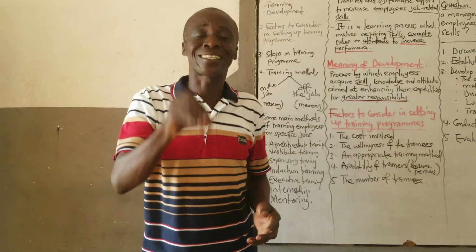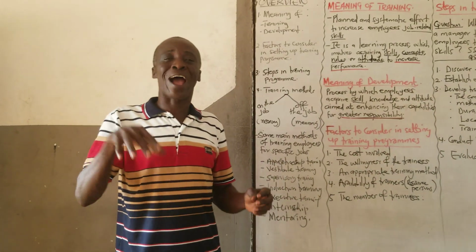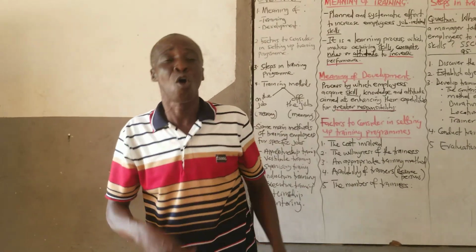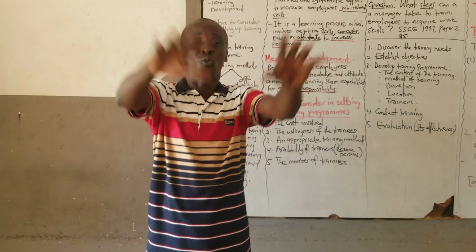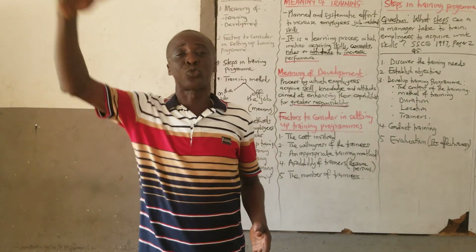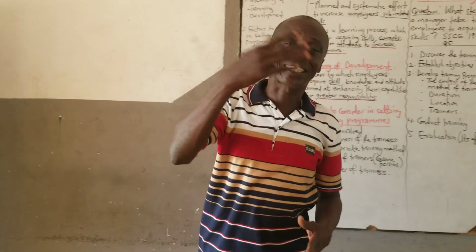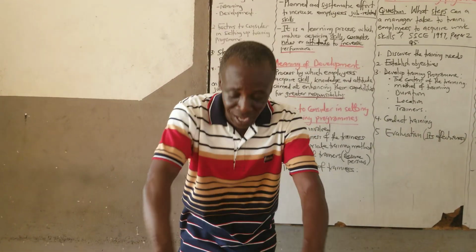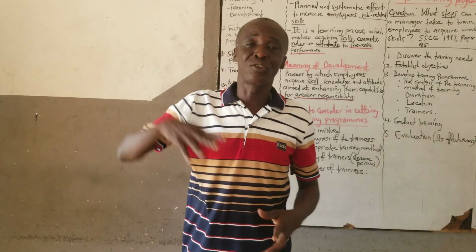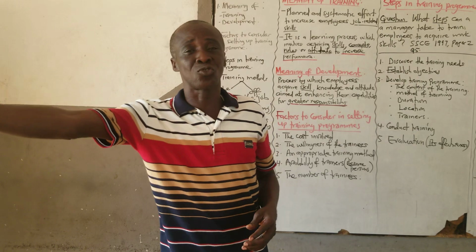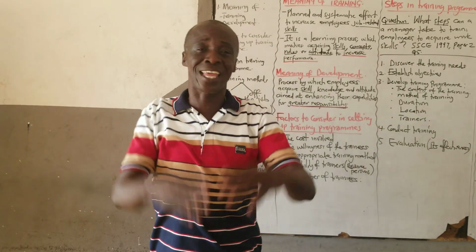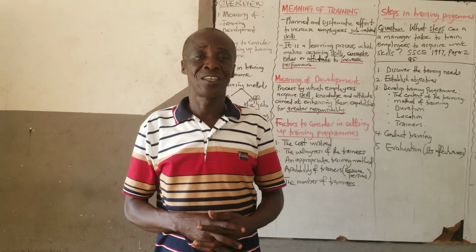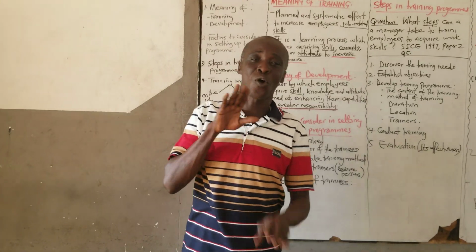Now, the skills that you acquire, did you acquire them whilst you were doing the job, learning by doing, or did you leave the work environment and probably go to school somewhere to study? You were given study leave, so you left the organization, you left the work environment, and then you went elsewhere, either to a classroom in the organization or even outside the organization, GIMPA or wherever you can acquire such training. That is where we have on the job or off the job.